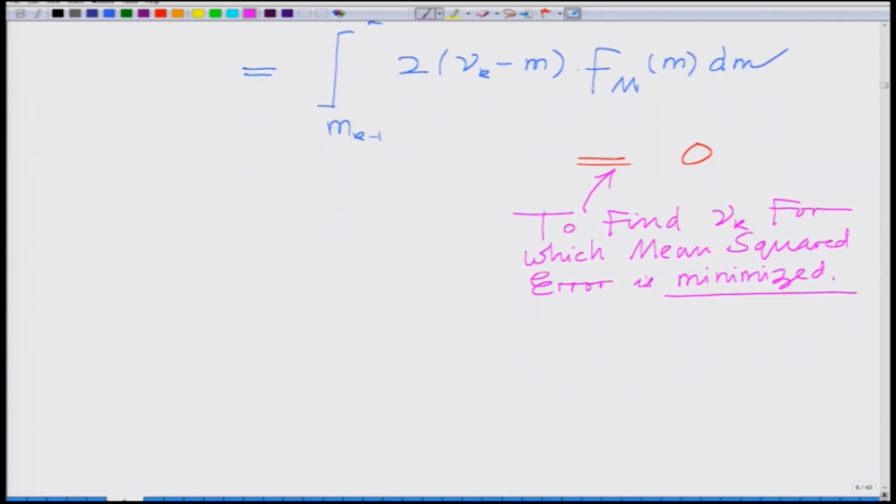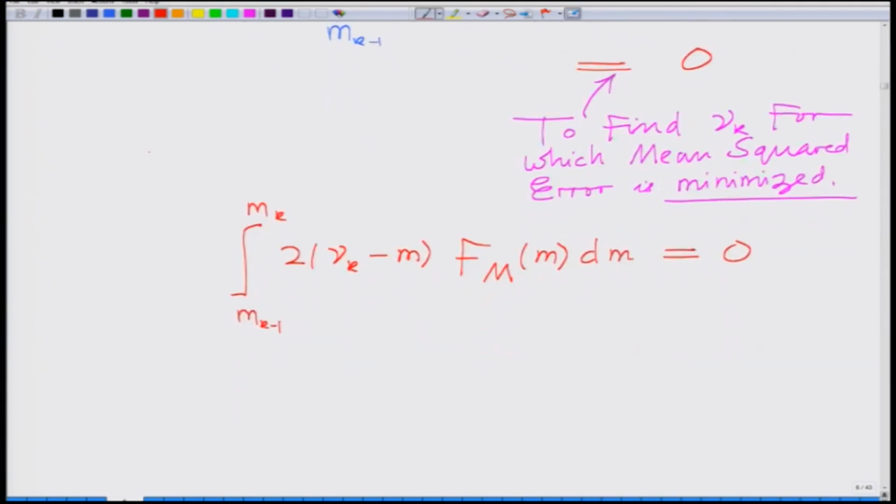Now, we get an equation. Of course, we can cancel the 2. So, the equation that we have is the integral from m k minus 1 to m k of (nu k minus m) f of m dm equal to 0.